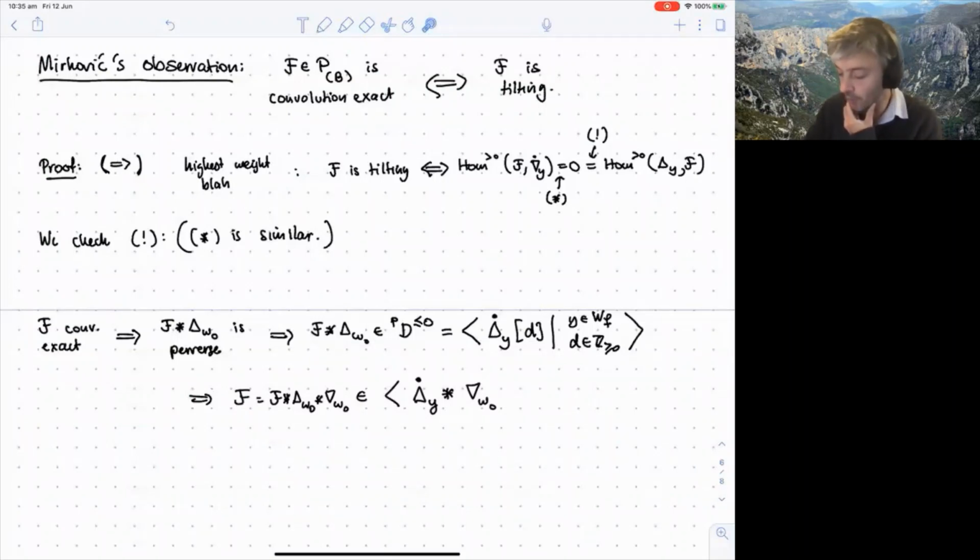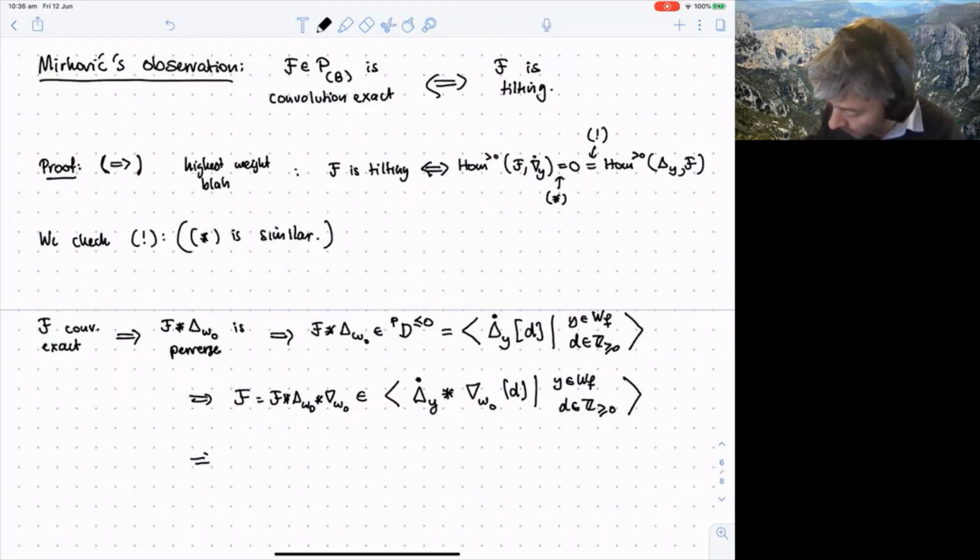I should have said before, but the inverse of delta S is nabla S, the inverse of delta X is nabla X inverse. So this is for y in W and d in Z bigger or equal to 0. So this implies that F is in.